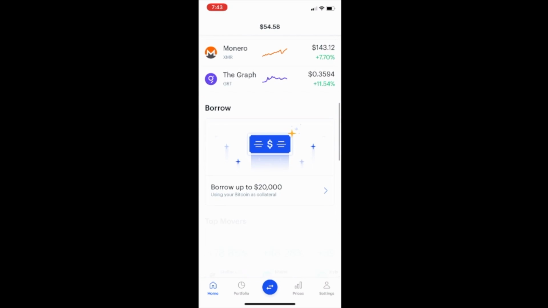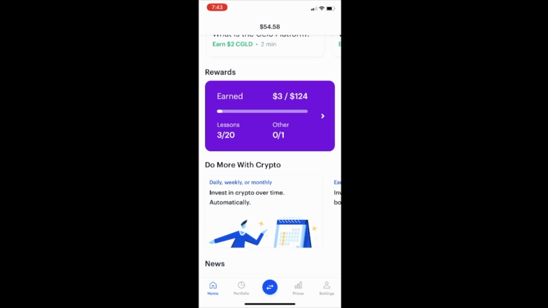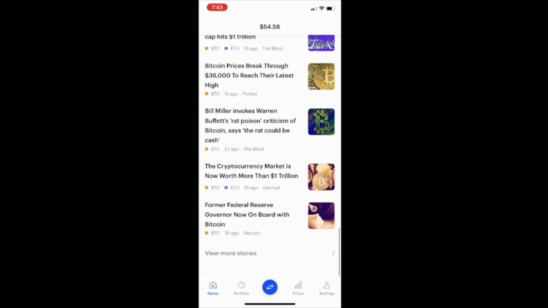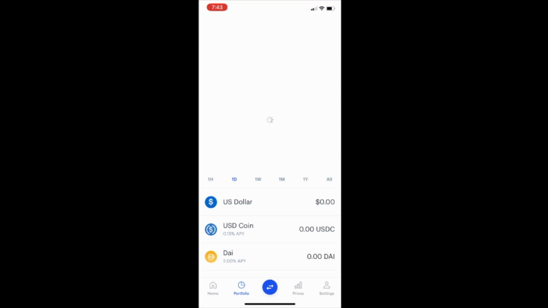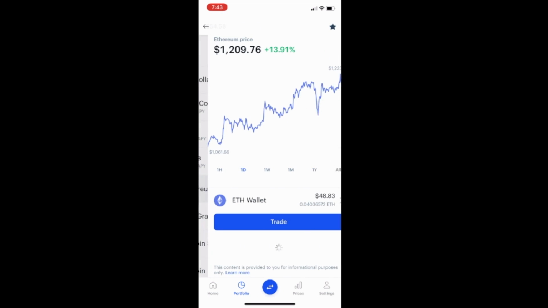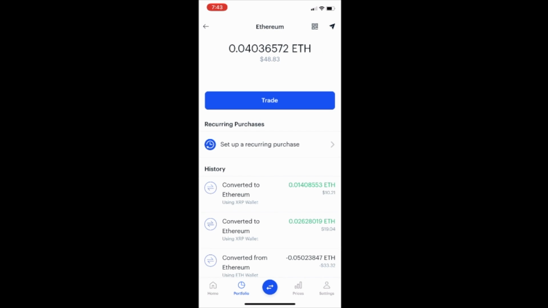I'm actually transferring all my money out of Coinbase. That's why you don't see a whole lot in there. But I think the one thing it does show me is to invest weekly. Invest weekly, right? I can trade.